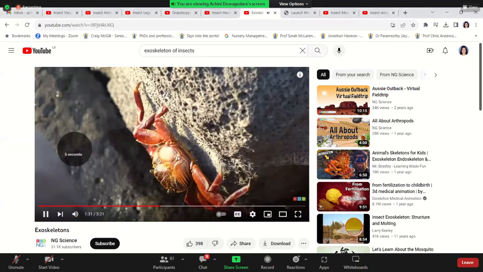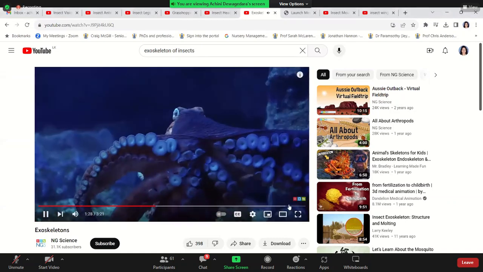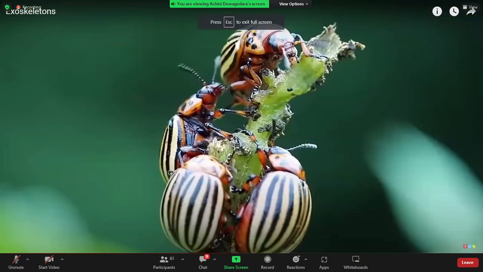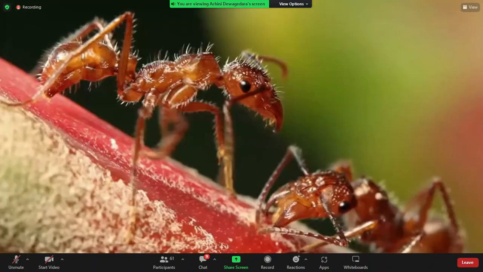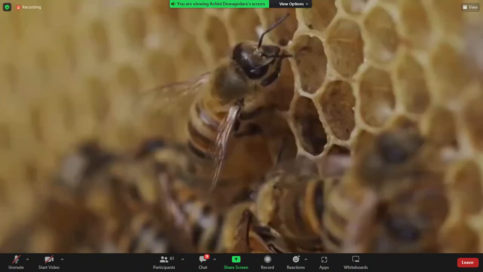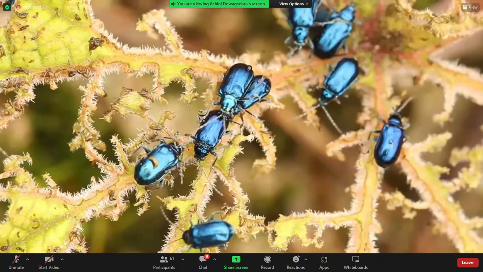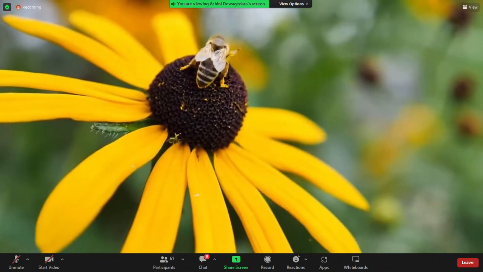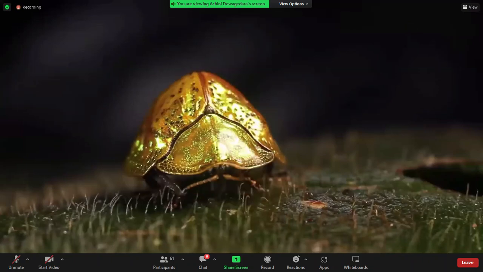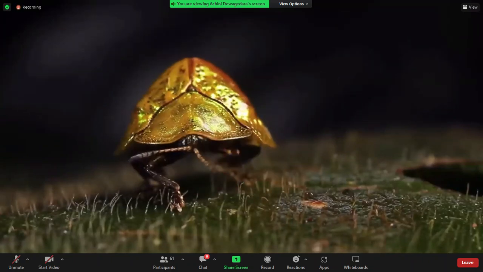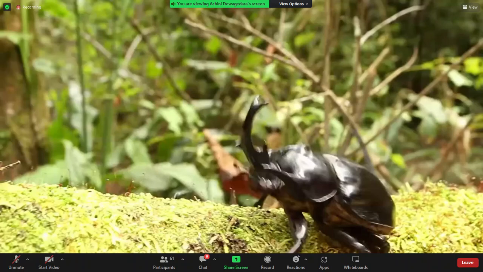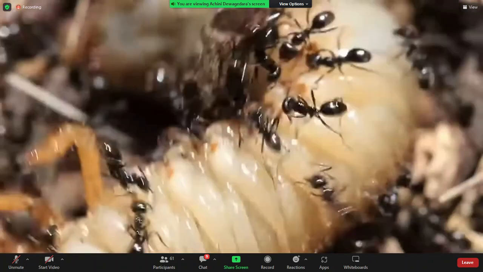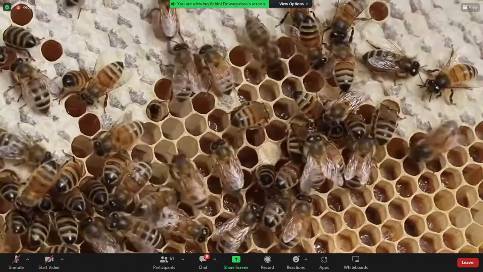On the outside, all soft bodies. It's like a skeleton on the outside of their bodies. Insects like ants, bees, and beetles have exoskeletons made of a substance called chitin. Like the internal skeleton of vertebrates, the exoskeleton gives the insect its shape, helps them move, and provides protection.